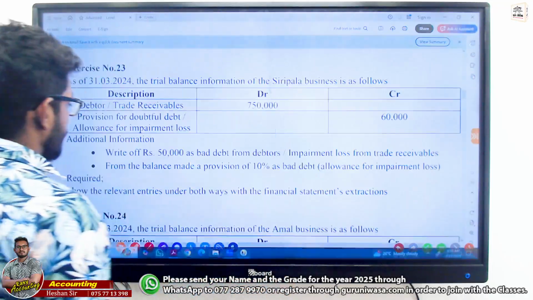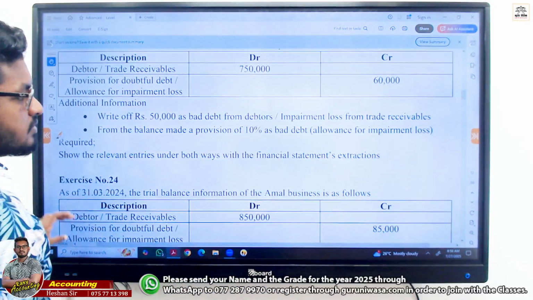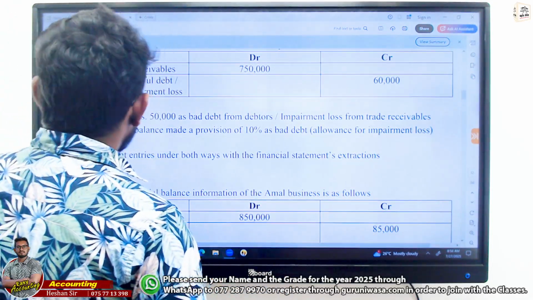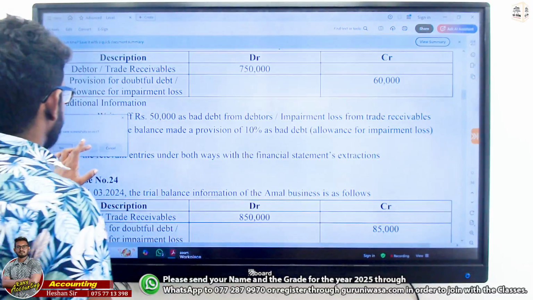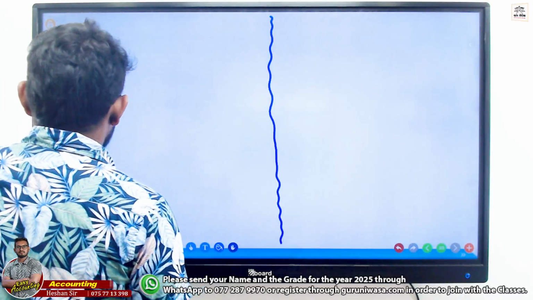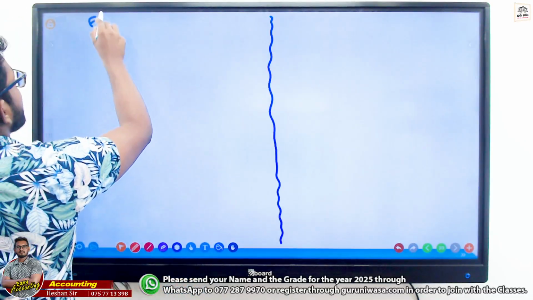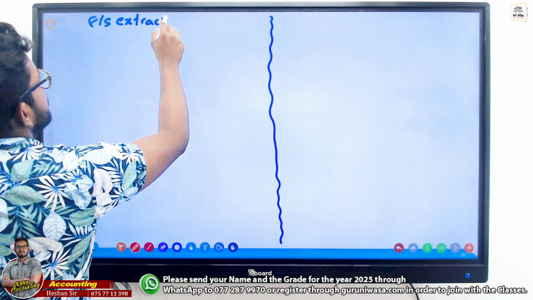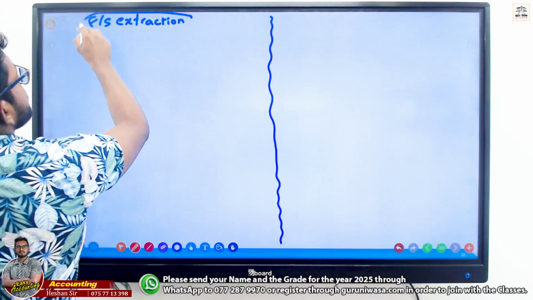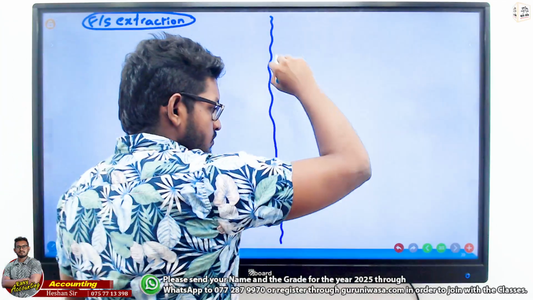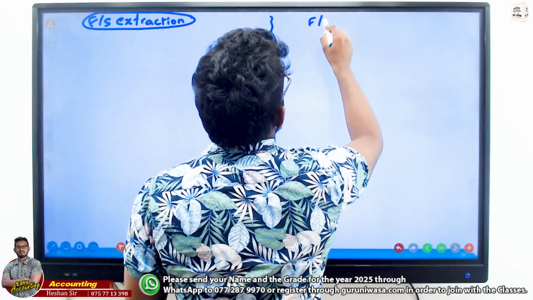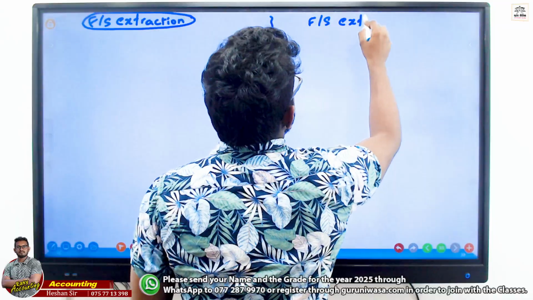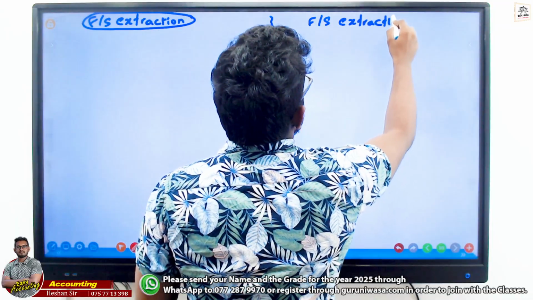Right. Okay. Now you need to do the extractions. So on Friday we did the financial statements extraction part, in both ways.